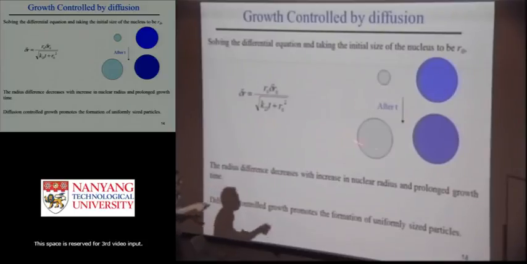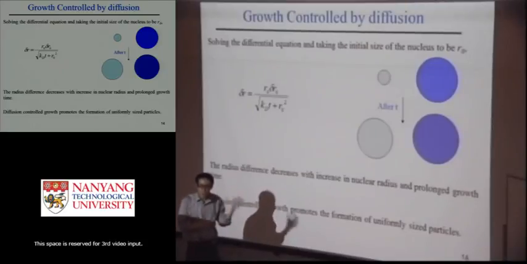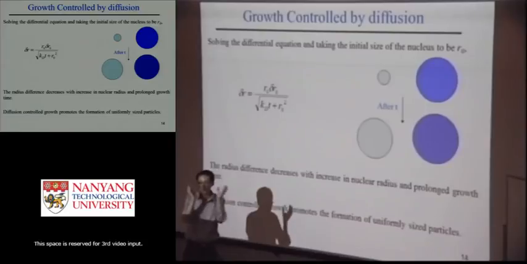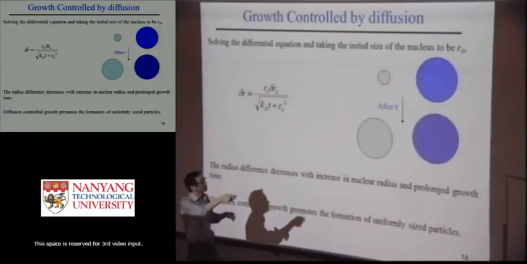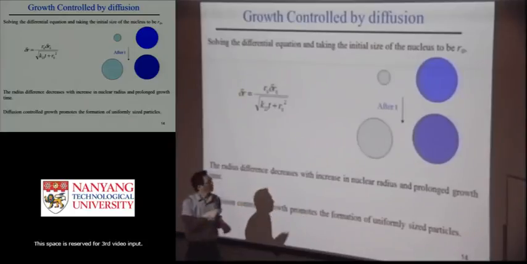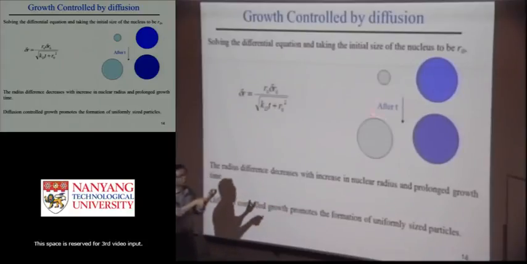That's why I drew a cartoon here to give you an idea. Initially, I intentionally drew two very different particles, one nuclei and another nuclei with a big size difference, defined by delta R0. But along the growth time T, after some time, both particles grow bigger, and it becomes more and more uniform. The nanoparticle size difference becomes less and less.